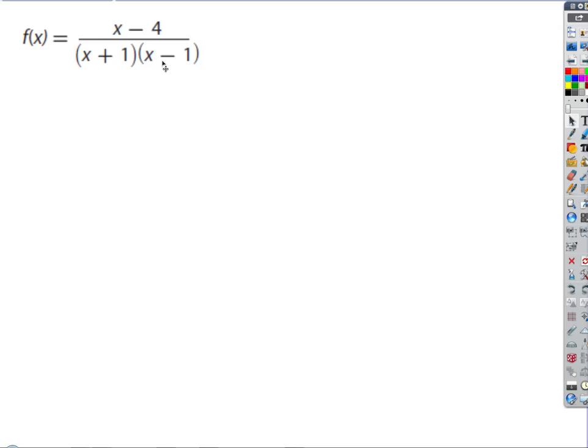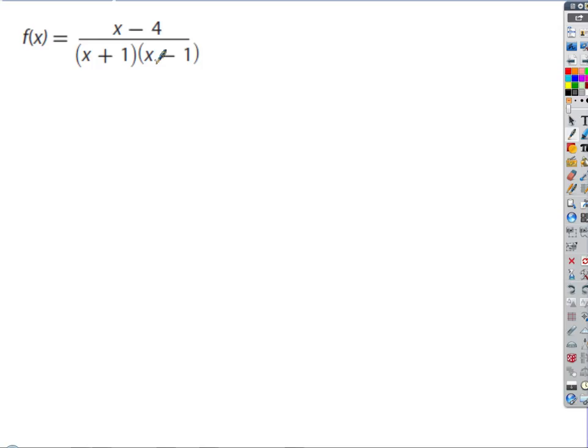So where are the places where the numerator is 0 in this case? x equals 4, right? And x equals 4 is not a 0 of the denominator. That's the other thing I should mention: if you end up with a value that produces 0 over 0, well, that's indeterminate, and it really doesn't equal 0 there.